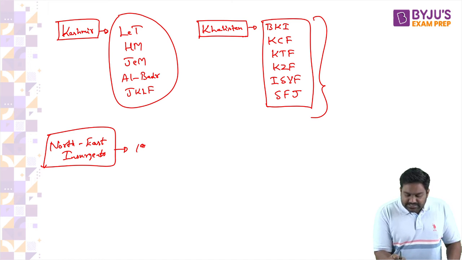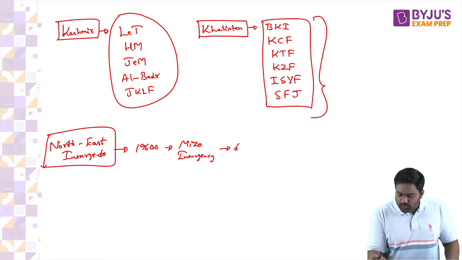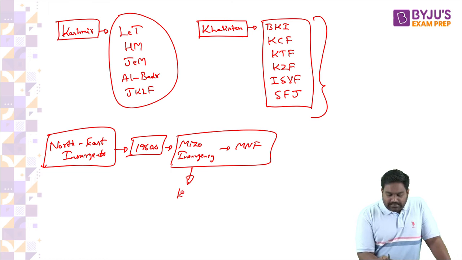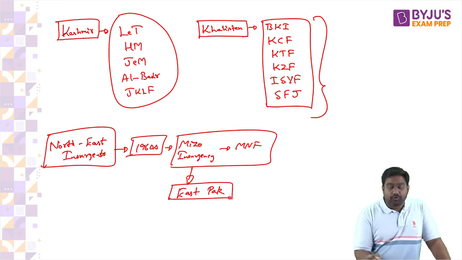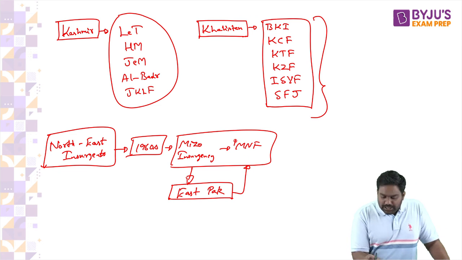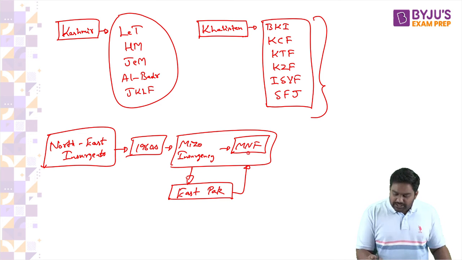In 1960s, when Mizo insurgency started against India, which was led by the Mizo National Front, the MNF, the Mizo insurgents were backed by Pakistan through East Pakistan. That is before Bangladesh was created. When East Pakistan existed, it gave direct shelter to Mizo National Front. The top leaders of MNF were sheltered in East Pakistan.